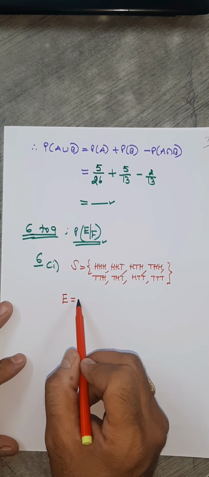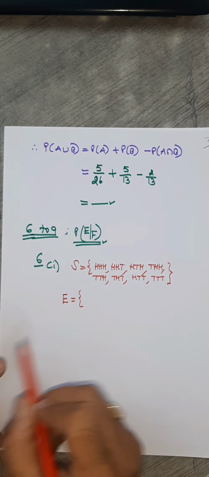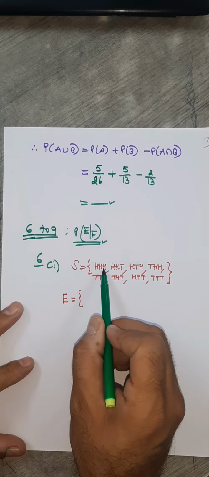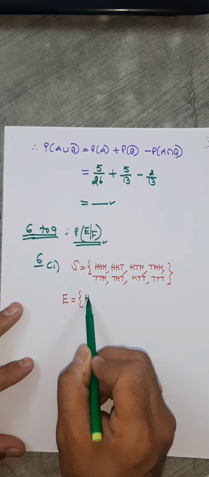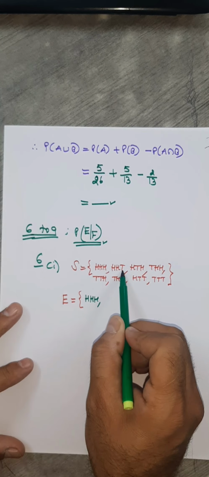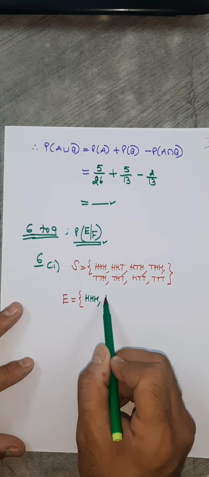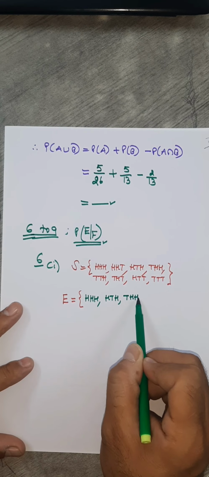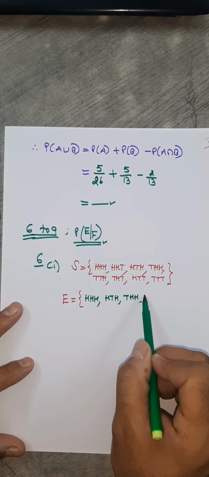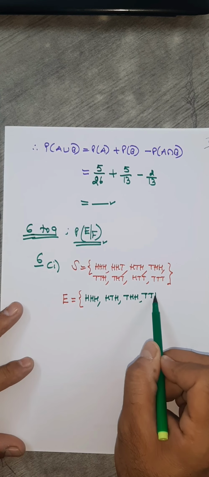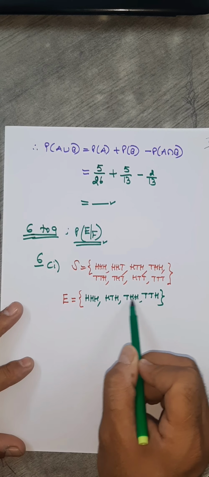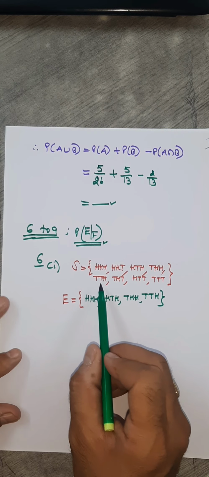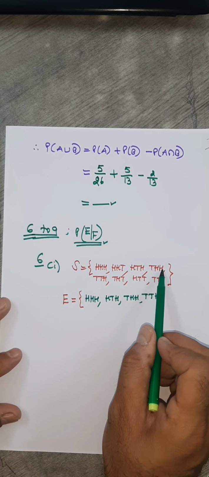That is H on the third toss. So one is this, here we have H. Here T, here H, so HTH. Here also H, THH. Here also H, that is TTH. H, H, H, H. In the third toss, there should be H. 1, 2, 3 and 4.